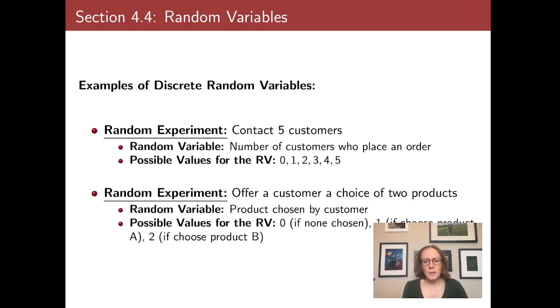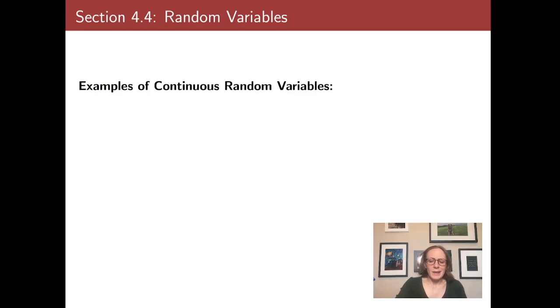So I could make my random variable 0 if none are chosen, and 1 if they choose product A, let's say, and I could make my random variable 2 if the customer chooses product B. And so I can still encode this as 3 discrete options, 3 discrete numbers, 0, 1, or 2, depending on what they do.